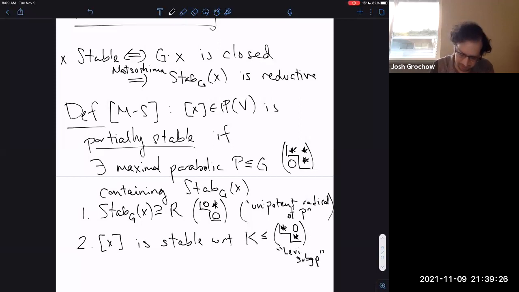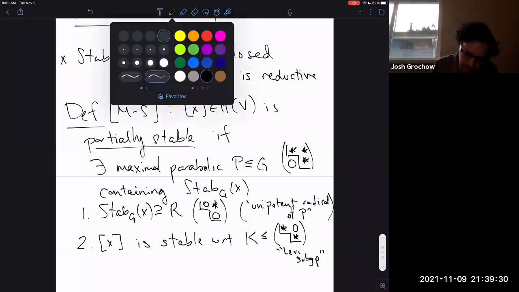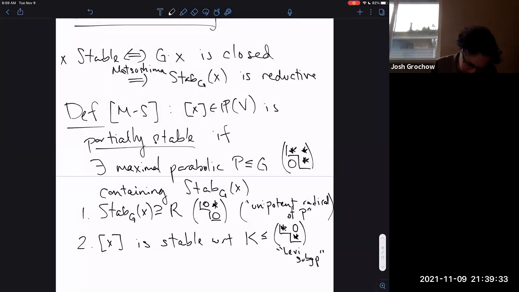This is what the Levi subgroup looks like. K, where K is not much smaller than L. So stable with respect to K, where K is reductive.